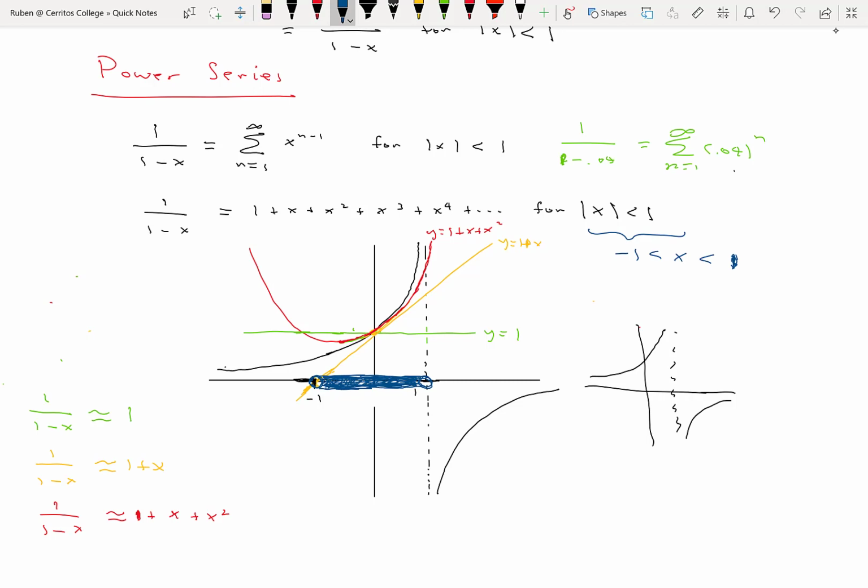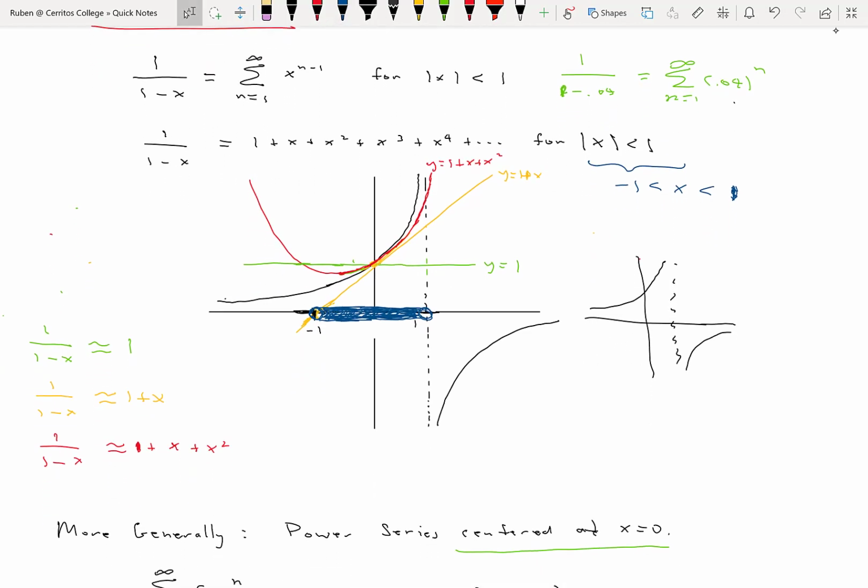For this reason, the power series for 1 over 1 minus x is said to be centered at x equals 0, because the approximation is only good for this interval where the original power series converged, and that interval was centered about x equals 0.